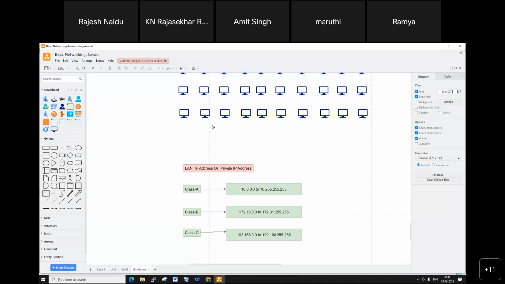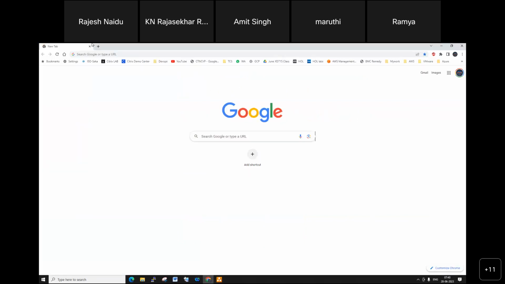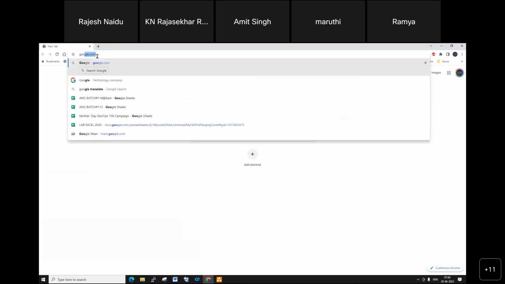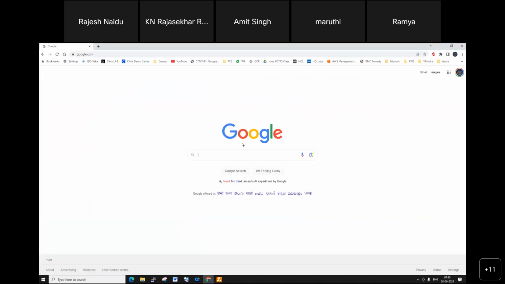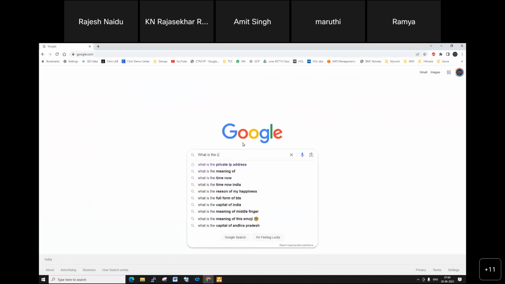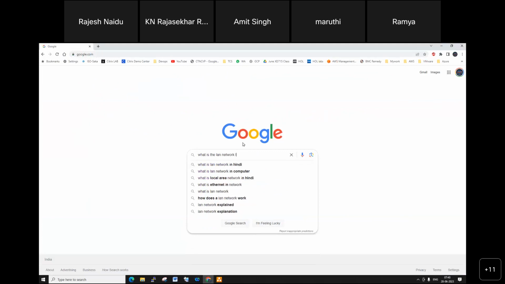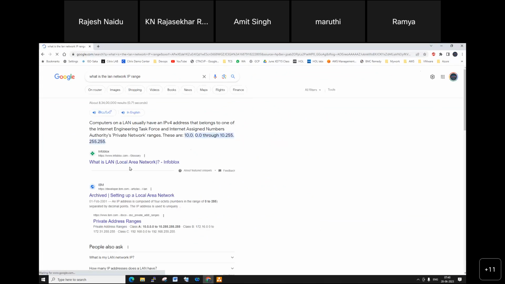It's a very huge number, so we are not writing it here. If it is difficult to understand, please remember it. Go to Google and search for the LAN network IP range. You can type it like this.